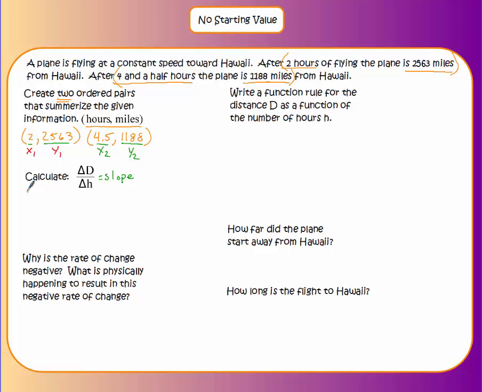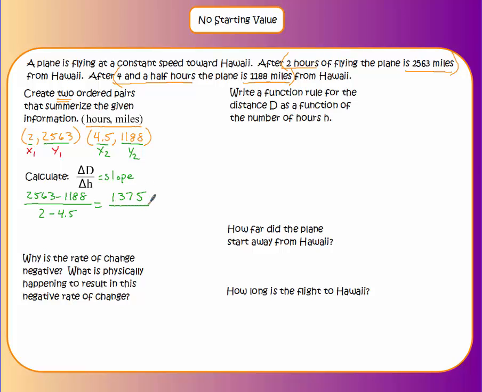So change in y over change in x. We have 2,563 minus 1,188. Those are my y values. And the x values are 2 minus 4.5. And let's see what that equals. When I subtract the top, I get 1,375.